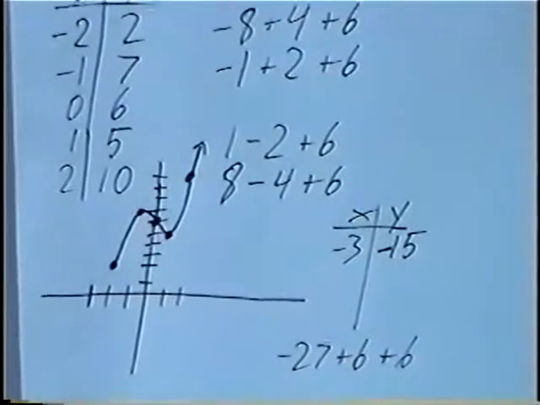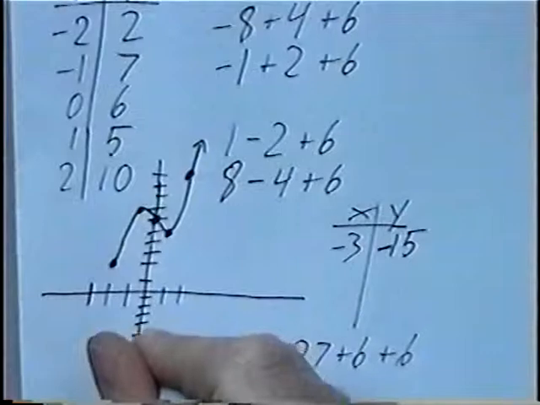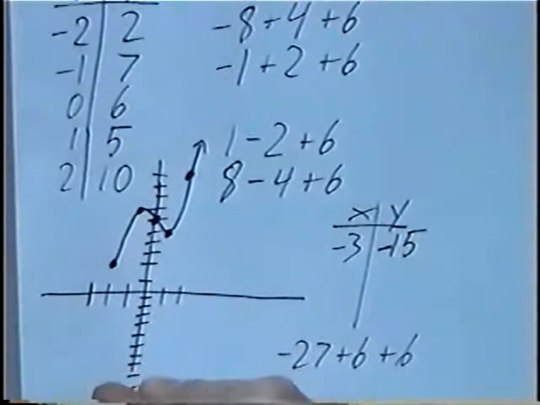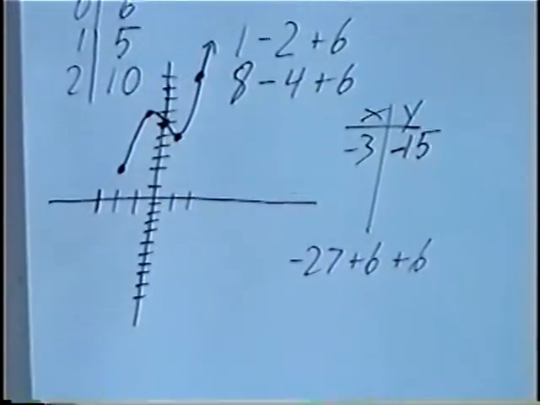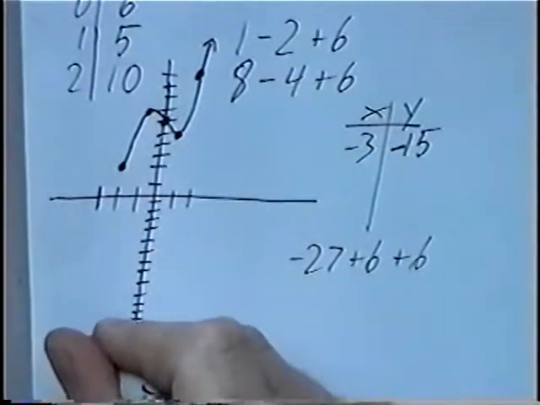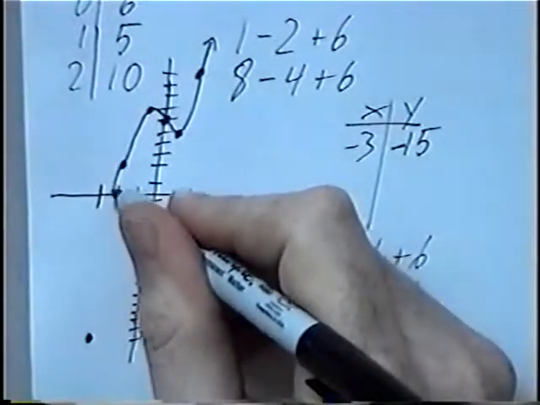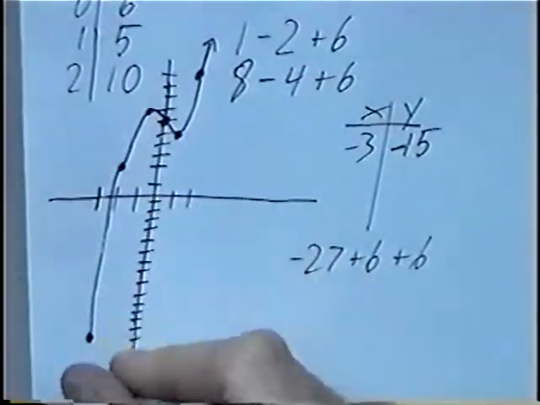So -3, if we drop the graph down 15 spots, we'll have another point that we can graph and connect that to our line.